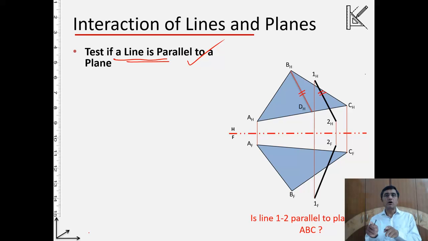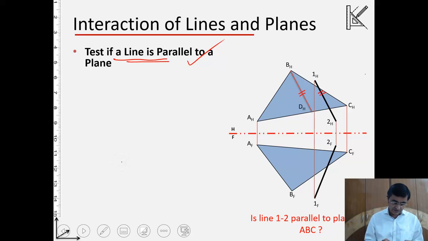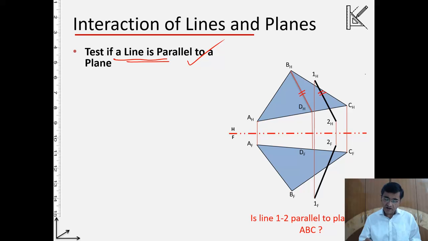If these two are parallel, that means the line is parallel to the plane. So let us check it. I'm bringing this point D down because this point D is on line AC.